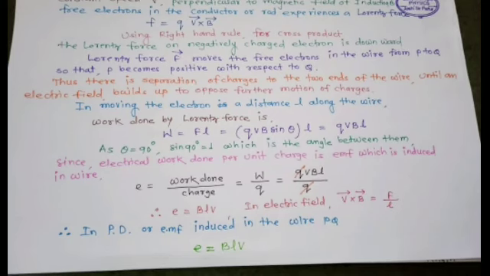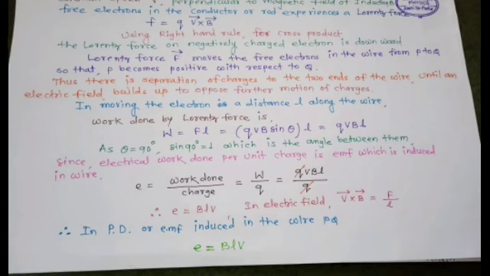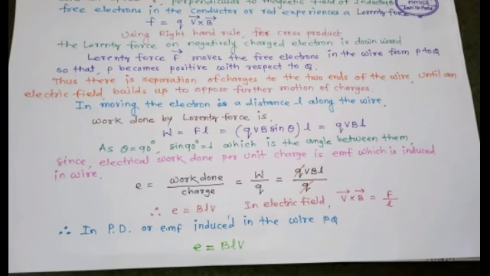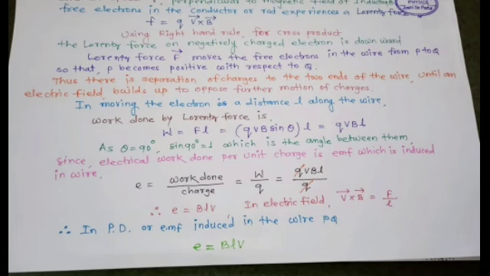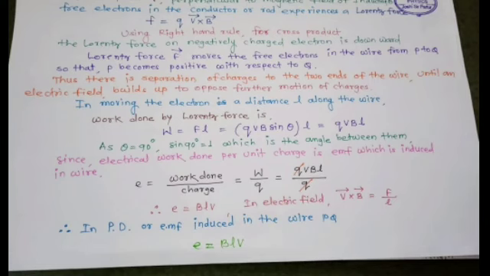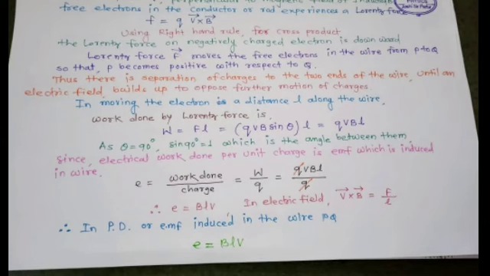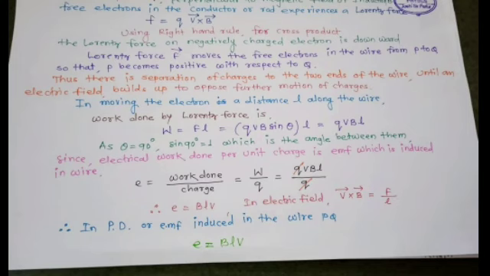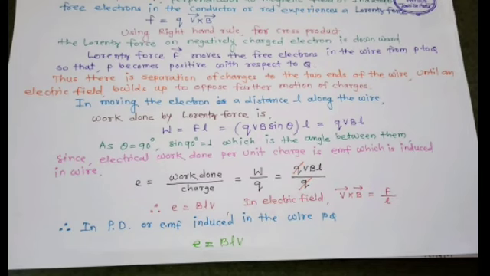Therefore E is equal to BLV. In electric field, vector V cross vector B is equal to F upon Q. Therefore, the potential difference or EMF induced in the wire PQ, E, is equal to BLV.